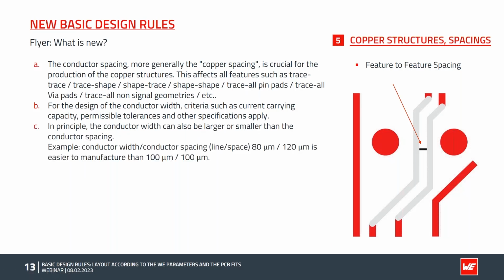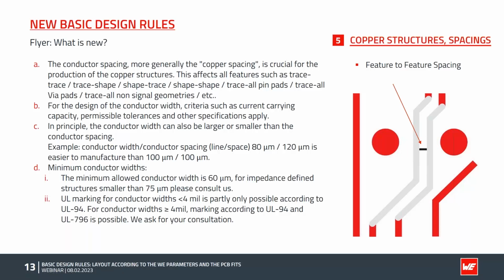So in principle, the conductor width can also be larger or smaller than the conductor spacing. For example, if it's possible to have 100 micron line and 100 micron spacing, it's even more favorable and easier to manufacture if we choose 80 micron line and 120 micron space. So the larger the spacing, the easier to manufacture.